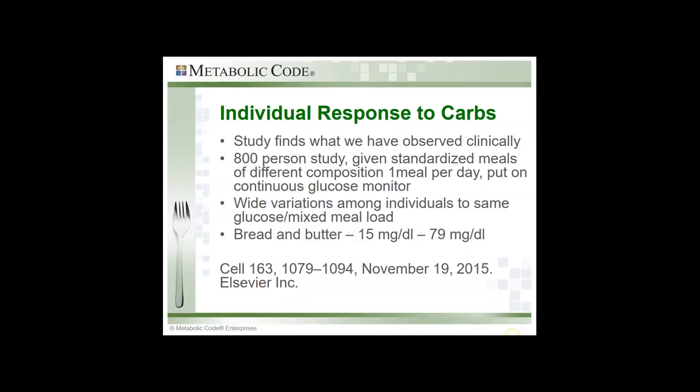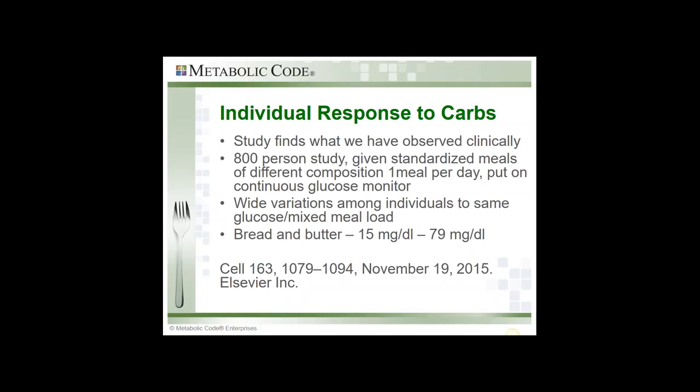What they found was no shock to the study authors, and certainly no shock to us. We observed this clinically anyway: there were wide variations among the study subjects to the same glucose intake, the same type of glucose, and the same mixed meal loads. Some people had much higher blood glucose responses than others.